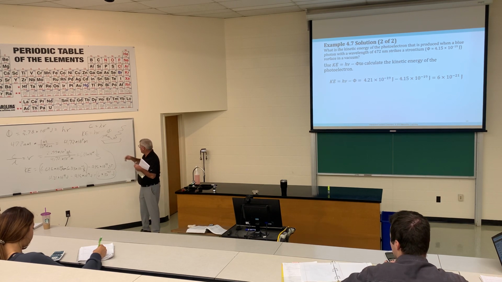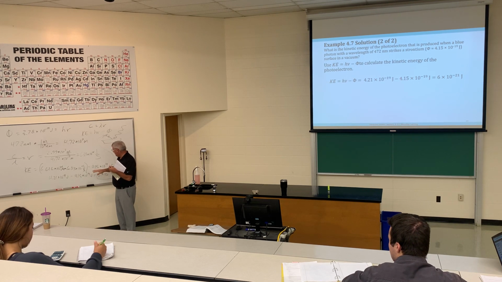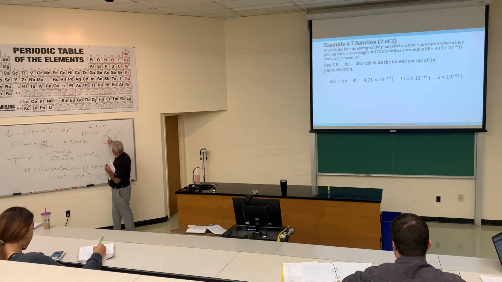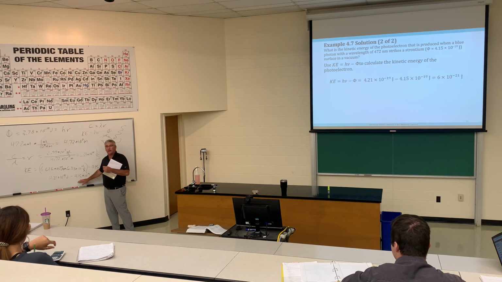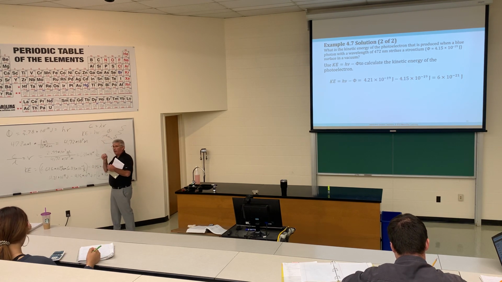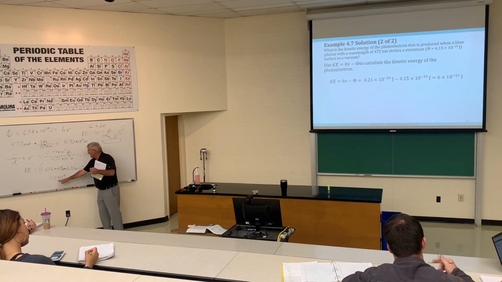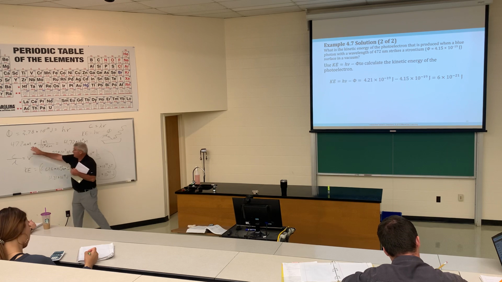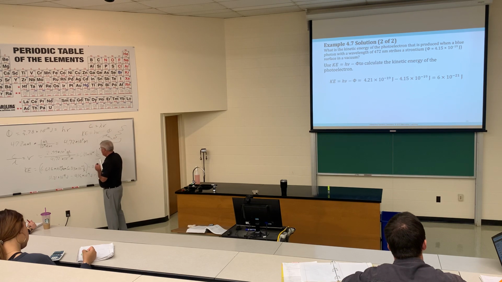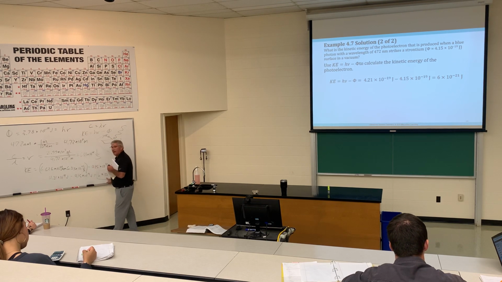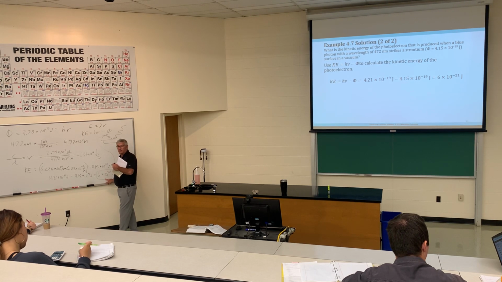So we just calculated the amount of energy that it took to knock the electron off the surface. That's the work function, the minimum amount of energy to knock an electron loose. Any additional energy would go into the kinetic energy of the electron. So the 472 nanometer wavelength gave us this amount of energy plus that amount of energy. This part got the electron loose, this one makes it move. Okay, you guys with me?